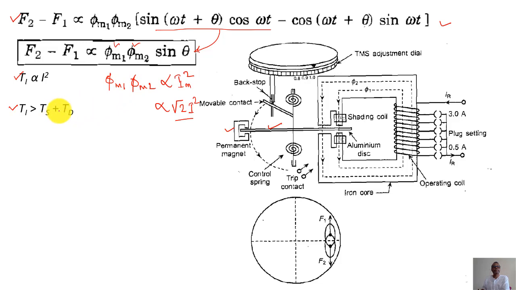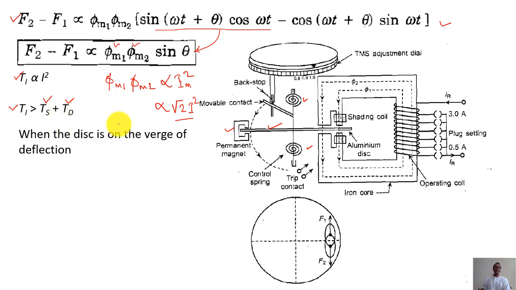And this Ts is your spring torque. This torque opposes the induced torque. It is produced by these two springs connected to the spindle, and your damping torque will damp out the torque; it is obviously opposing the induced torque.